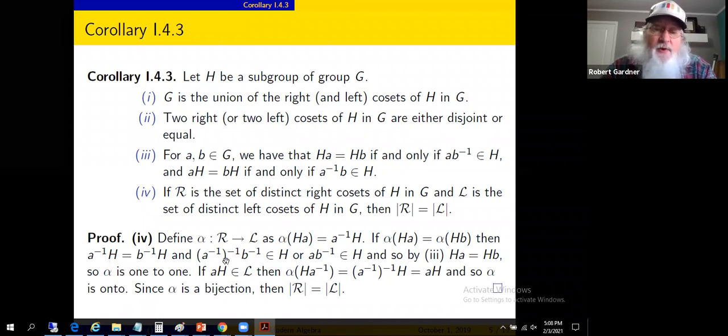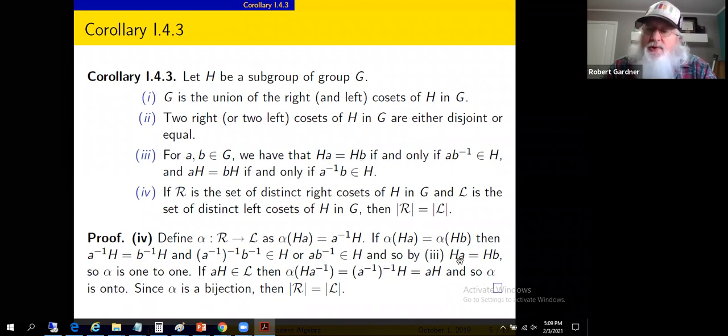Of course, we pick up an inverse inverse on one of them. a inverse inverse, b inverse, that's the same as a, b inverse. So a b inverse is in H. Part 3 deals with that as well in terms of right cosets. If a b inverse is in H, then if and only if the right cosets Ha and Hb must be the same.